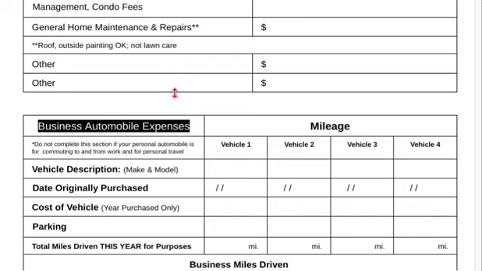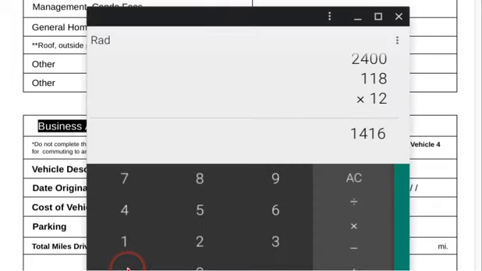So I'm sure at the beginning of the year, you want to make sure you keep note of the beginning mileage, and then you're going to keep note of the ending mileage of the year. So when you get to your calculator, you're going to take the ending mileage that you're seeing at the end.